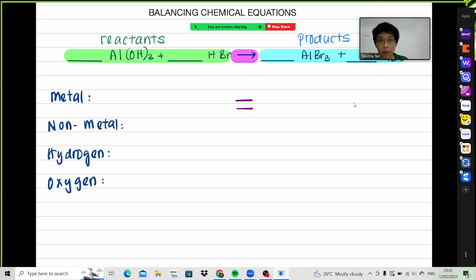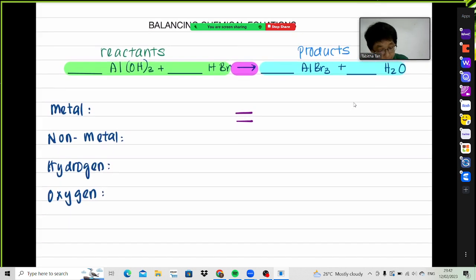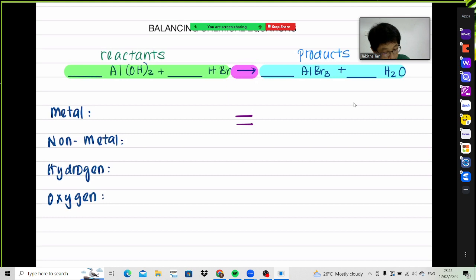Therefore, aluminium is a metal. So I'm going to list aluminium first because that is a metal, and I'm going to put aluminium here also.